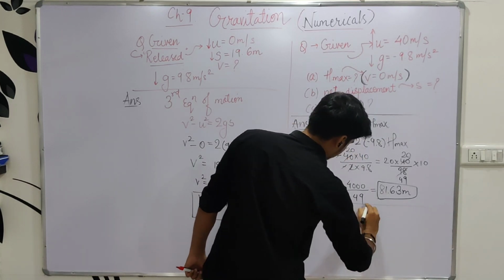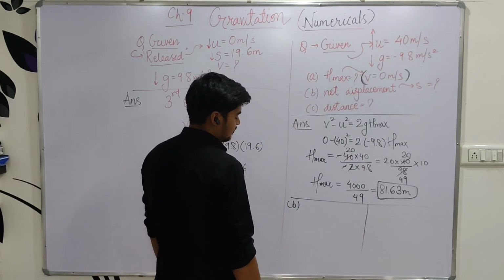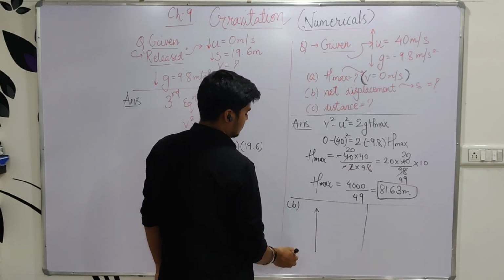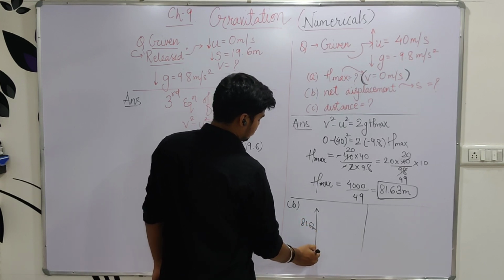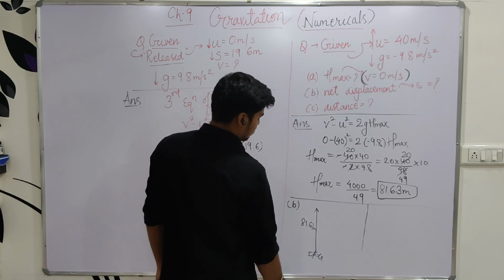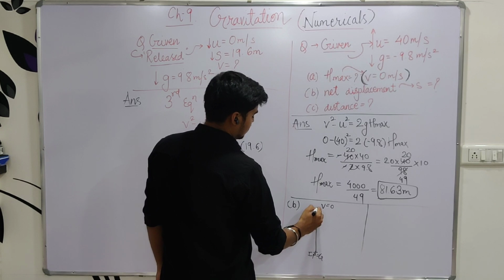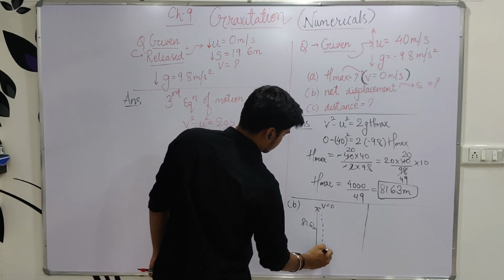The second part, we have to calculate net displacement. Now see, it reaches a maximum height of 81.63 meter. From the ground he starts, the initial point is ground, and he reaches here where its velocity becomes 0, but then he takes a U-turn, and again reaches the ground.